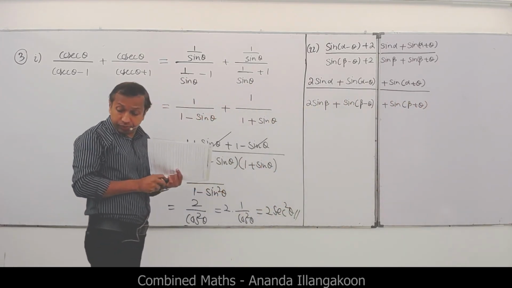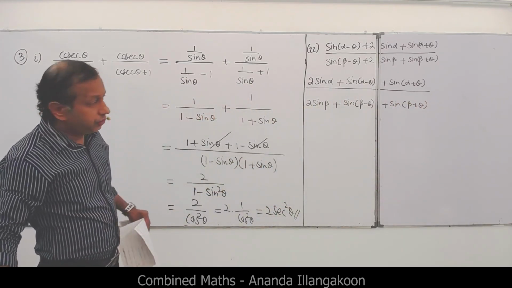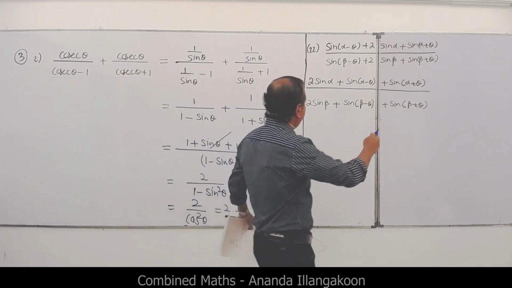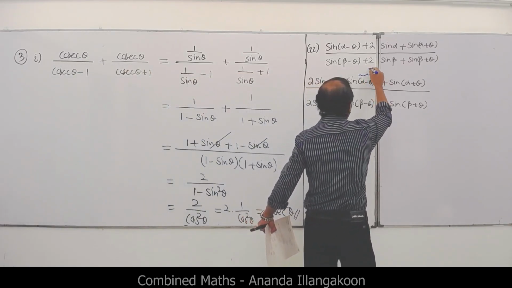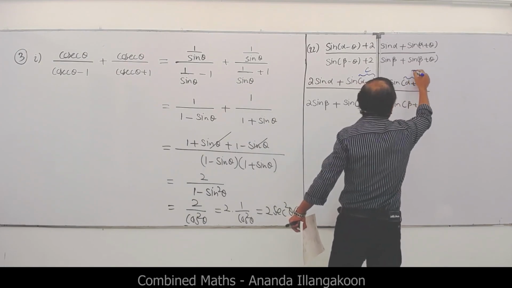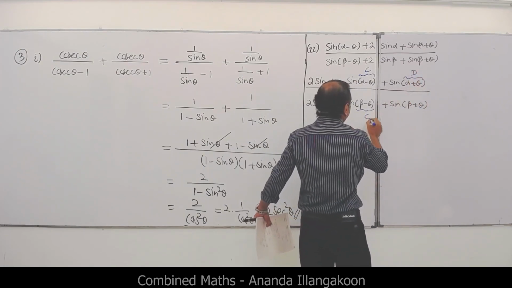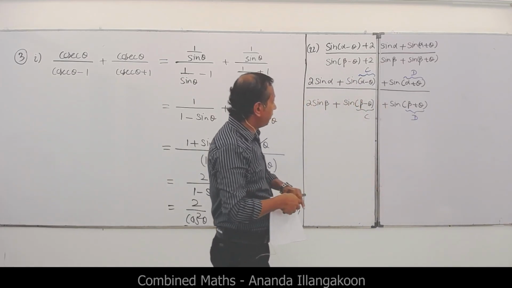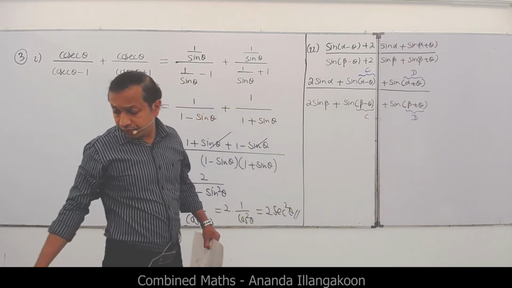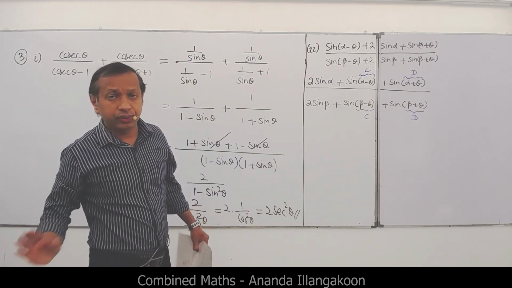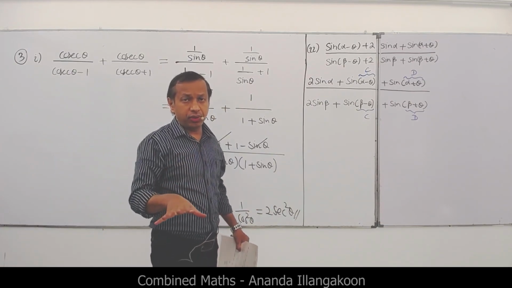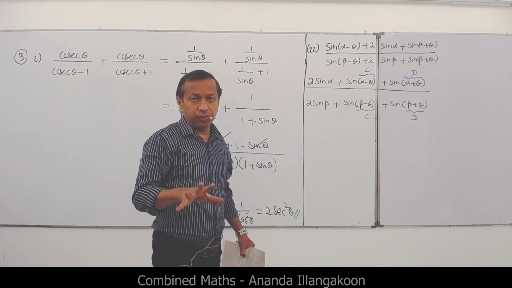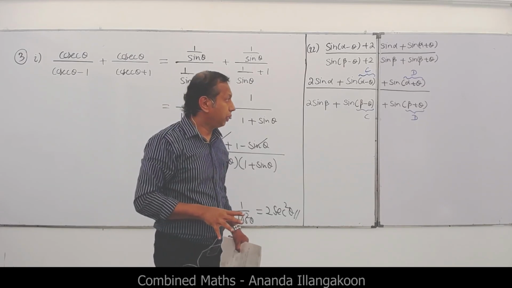Right, now you can apply the C D formula. You can take this angle as C, this as D, this as C, this as D. You know the sin C plus sin D formula. Sin C plus sin D formula is what? 2 sin C plus D by 2 times cos C minus D by 2. Right, we apply that there.